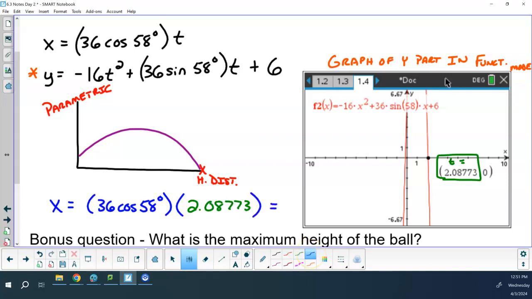And that would give me the horizontal distance, because x is the horizontal. That would give me the horizontal distance that I need, which is 39.828 feet.